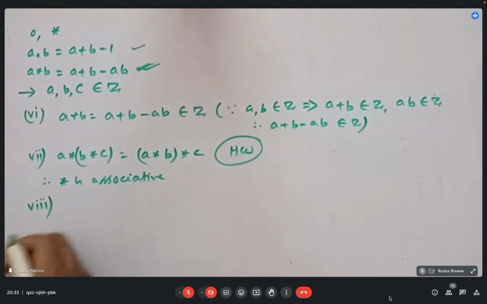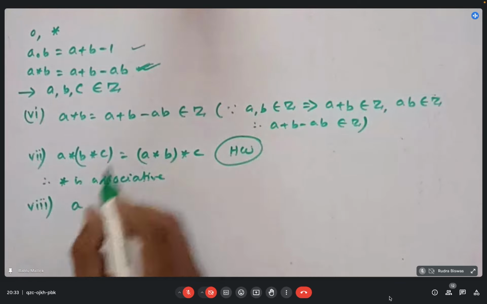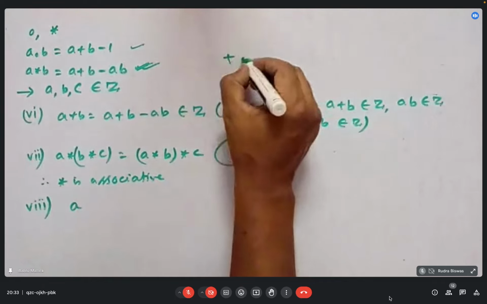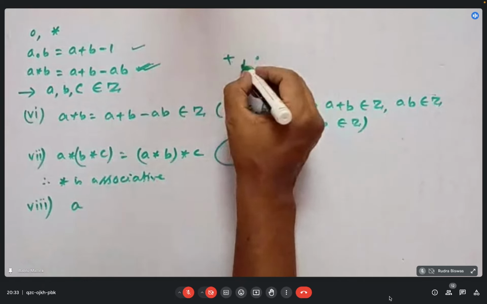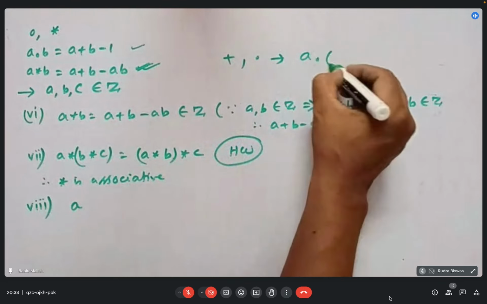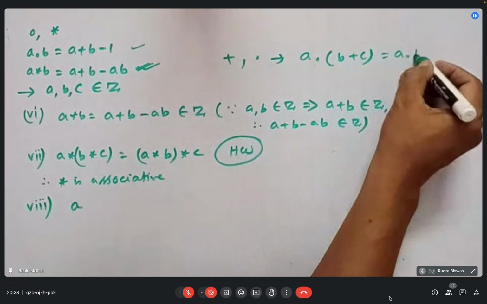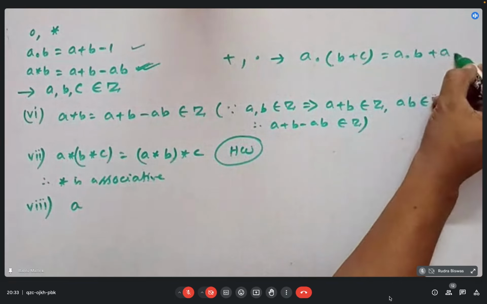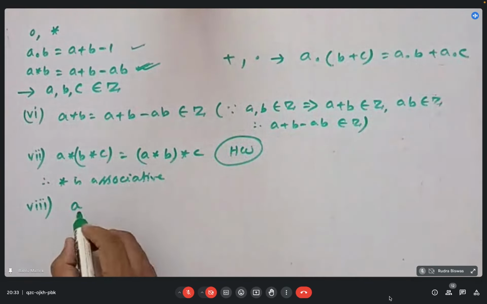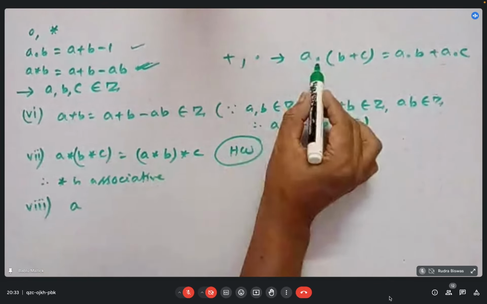Now identity element, distributive law check. When plus and dot are the two operations, your distributive law was A dot (B plus C) is equal to A dot B plus A dot C. So here it will be the second operation.